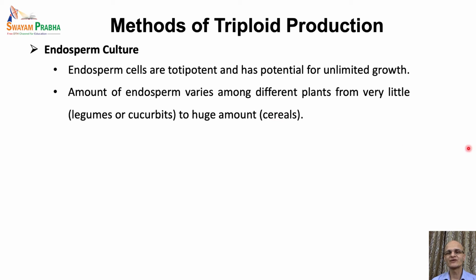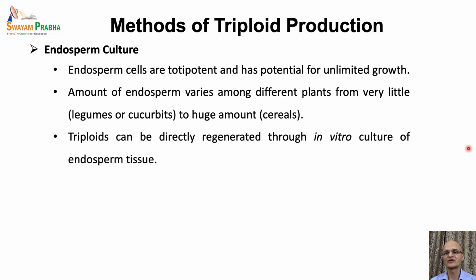So in seeds where the endosperm is little or reduced, the nutritive function is usually taken up by the cotyledons. Now, triploid plants can be regenerated through the in vitro culture of endosperm tissue. And in fact, the endosperm tissue has been successfully cultured for several plant species like rice, citrus, neem, eucalyptus, etc.